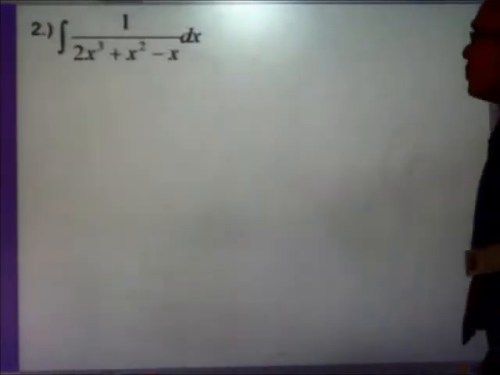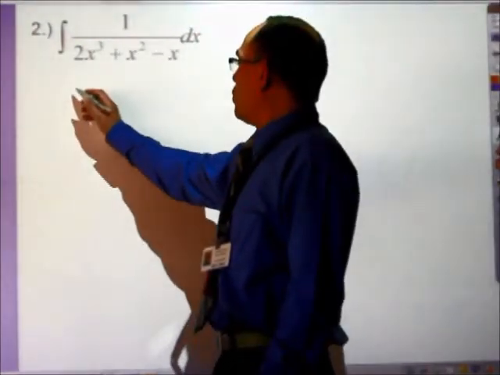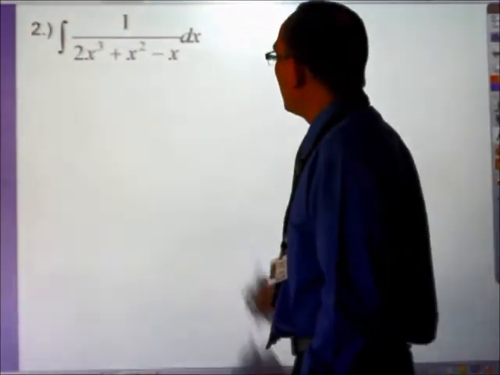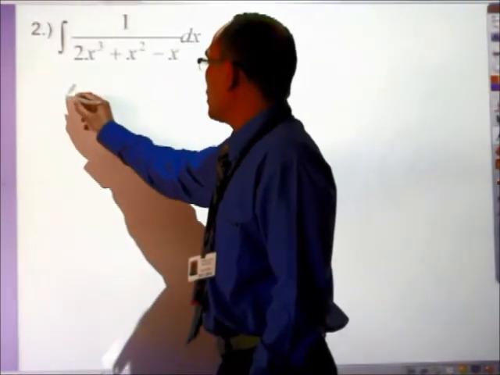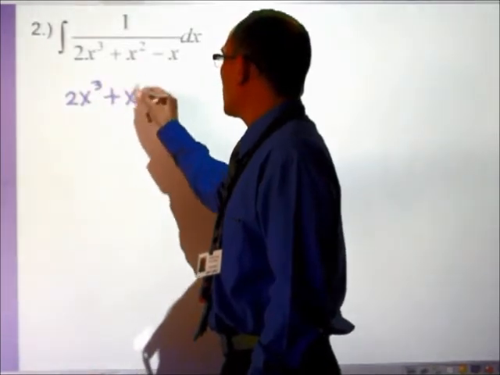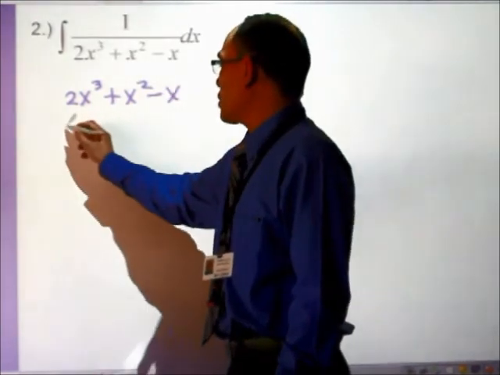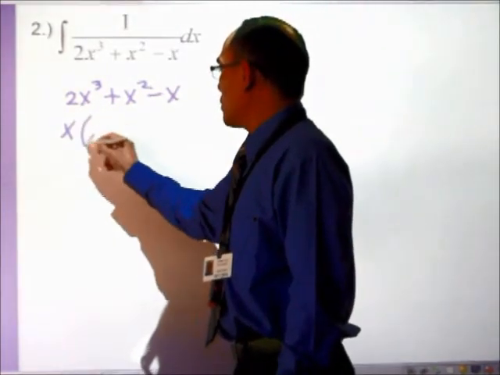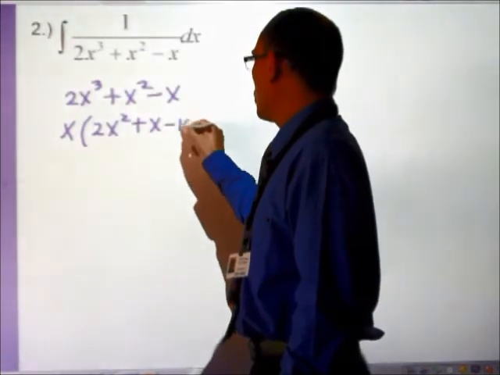That's number 2. Okay, so what are the factors of this one here? Factor of 2x cubed plus x squared minus x. Of course, we have a common x here, so that means we have x times 2x squared plus x minus 1.